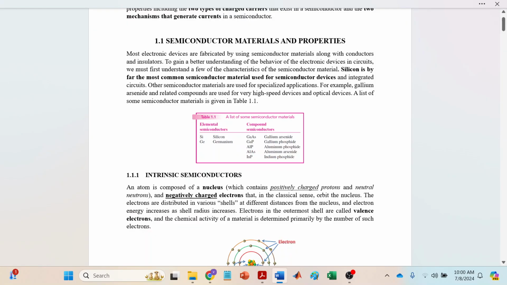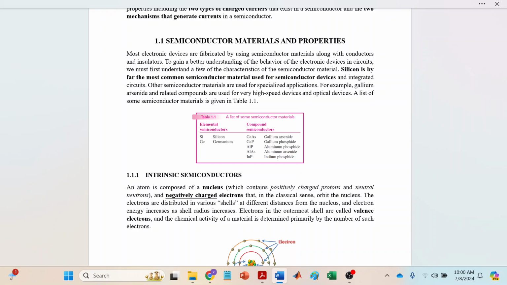In this class, the lecture is on semiconductor materials and properties. The objective of this class is to be able to understand the properties of semiconductor materials, which includes the two types of charge carriers.